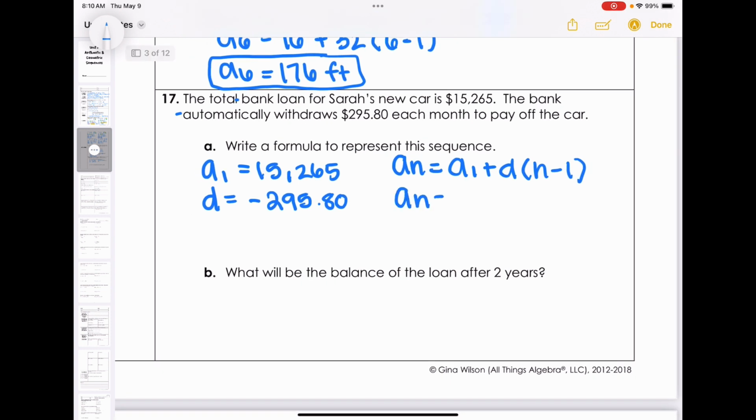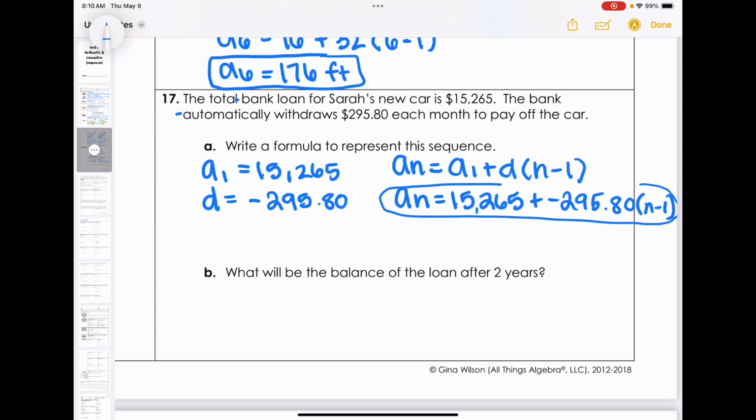So we'll have AN equals $15,265 plus negative $295.80 times n minus 1. So there's our formula. And we want to find the balance after 2 years.